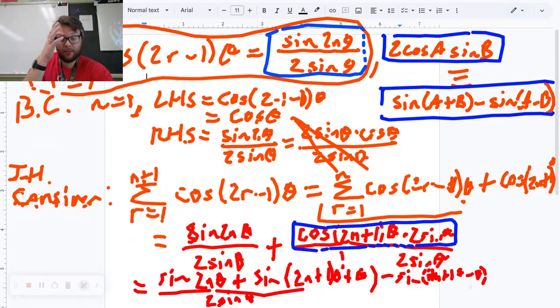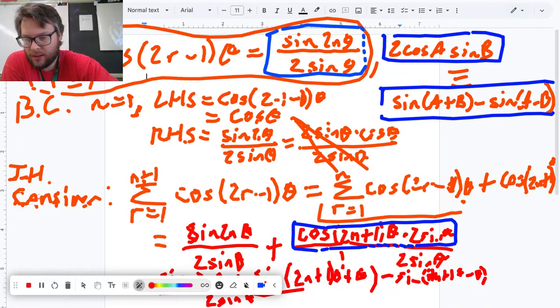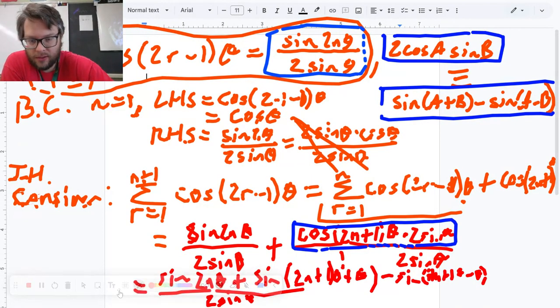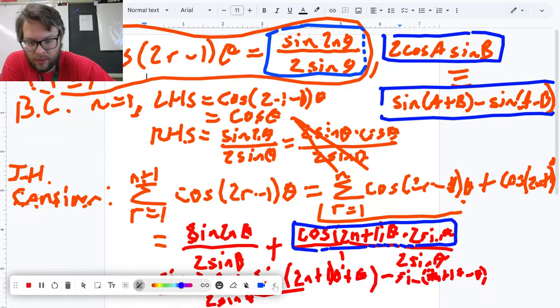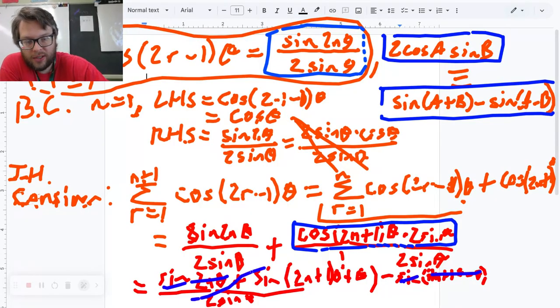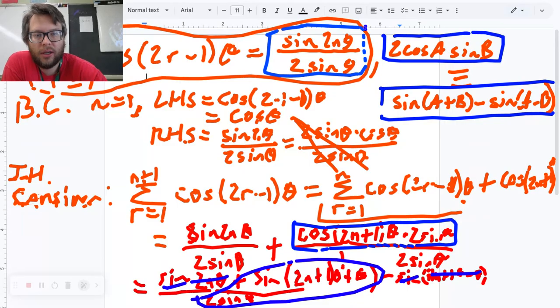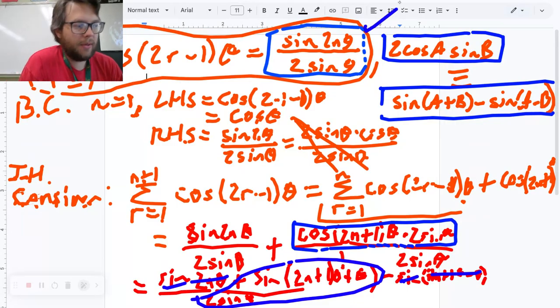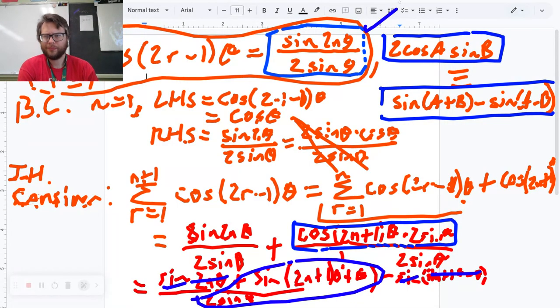What ends up happening is if you do (2n plus 1) theta minus theta, that's 2n theta, which is going to cancel out with this piece. So those cancel out, leaving me with just this part left over, which is exactly the n plus 1th version of the right-hand side. So the statement is true by induction.